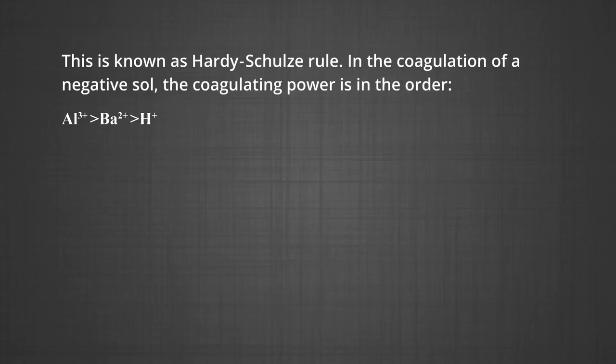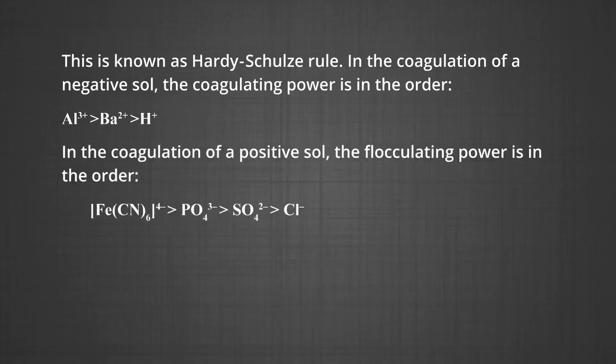In the coagulation of a negative sol, the coagulating power is in the order Al3+ > Ba2+ > H+. Similarly, in the coagulation of a positive sol, the flocculating power is in the order [Fe(CN)6]4- > PO4 3- > SO4 2- > Cl-.